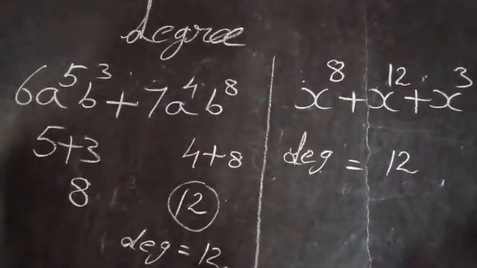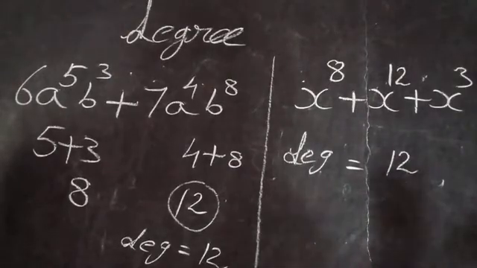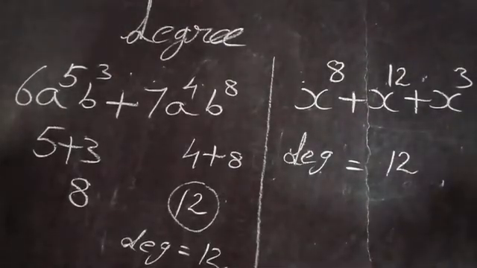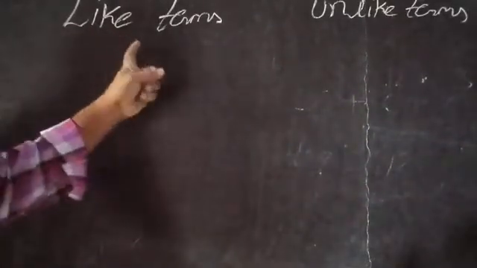Next one is like terms and unlike terms. What are called like terms? The terms which have the same alphabets with the same powers are called like terms.